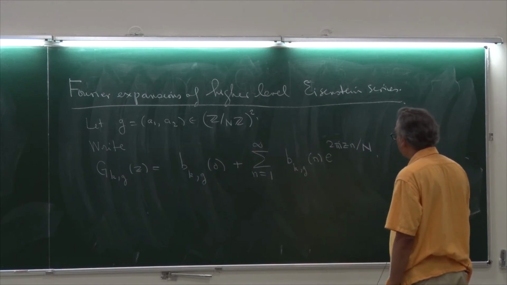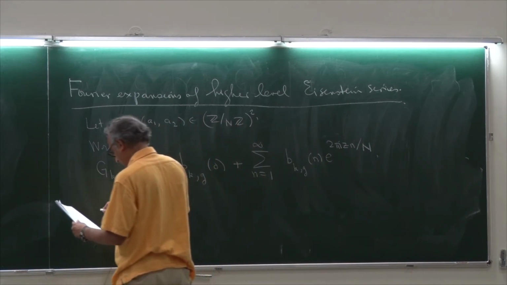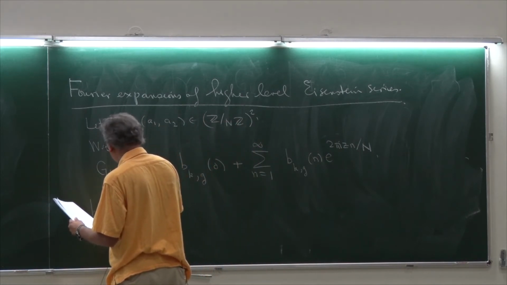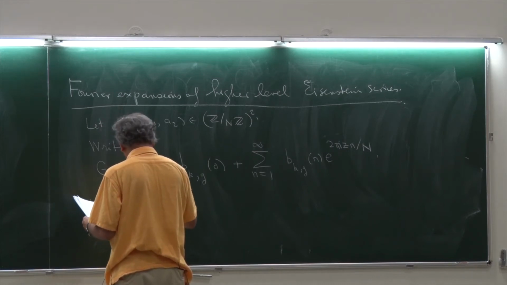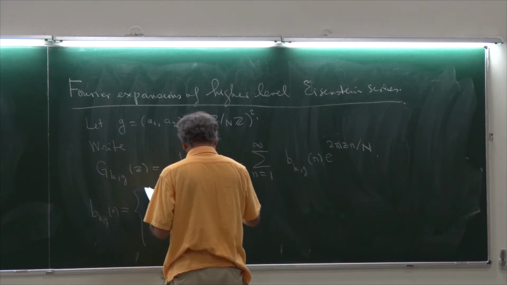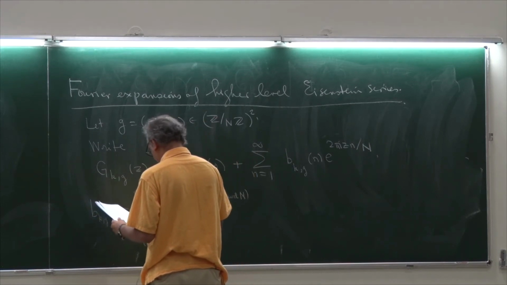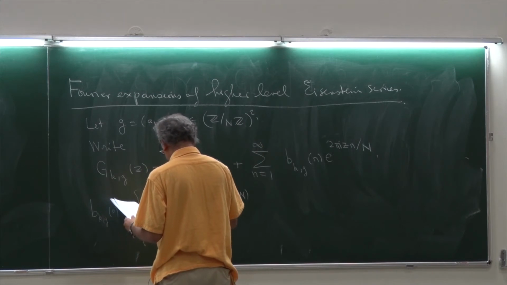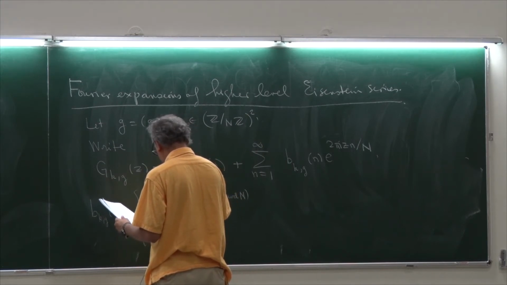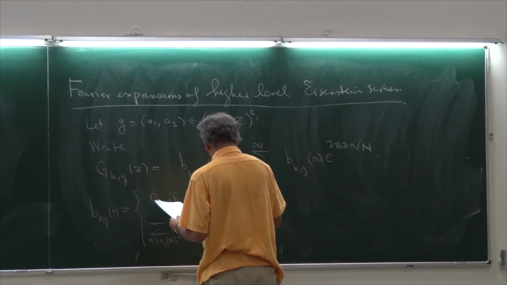So I'm trying to write down the Fourier expansion for these Eisenstein series. And so what are these coefficients? Well, b_k,G of 0 turns out to be 0 if a1 is not 0 mod n. And it turns out to be what's called a special value of the Hurwitz zeta function if a1 is 0 mod n.